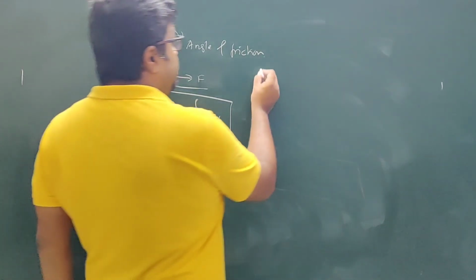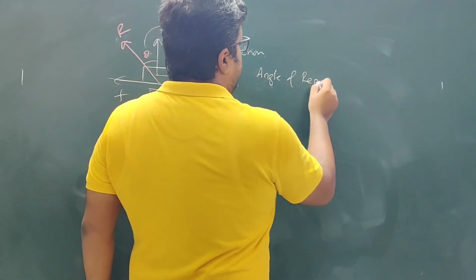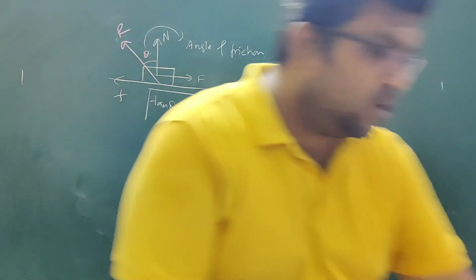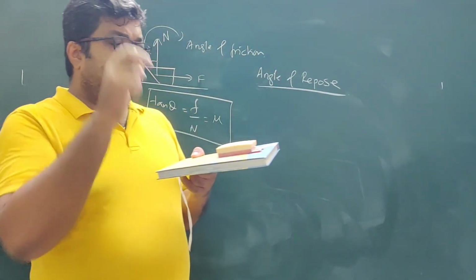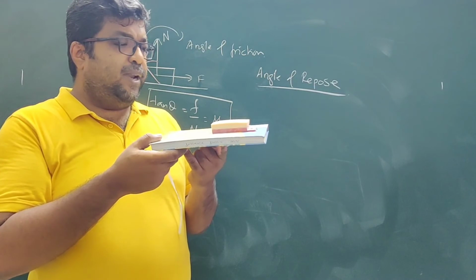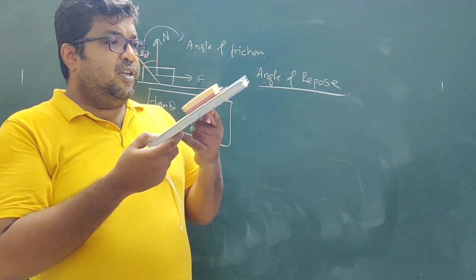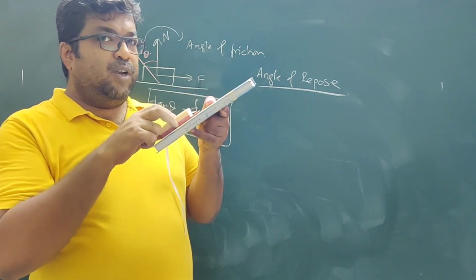Now another term is angle of repose. Suppose this is a horizontal plane and this is a block placed on the plane. Now if I increase the inclination, it is stationary, and at some particular angle this block will come down.